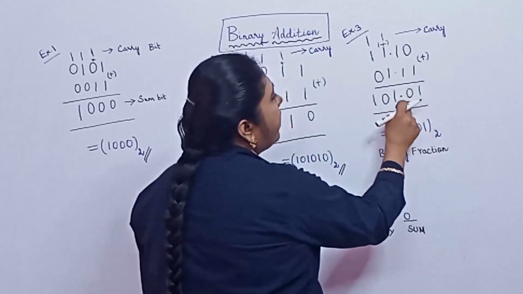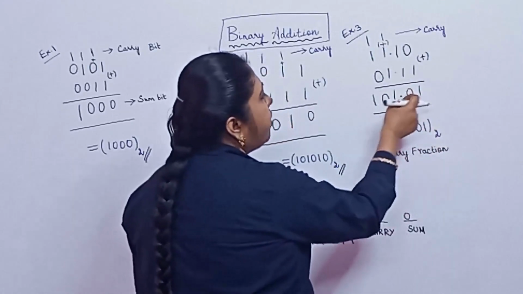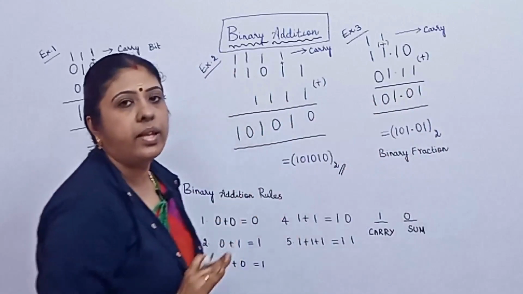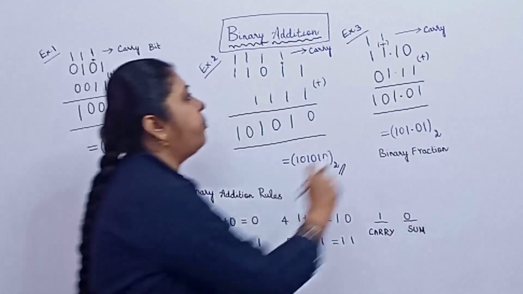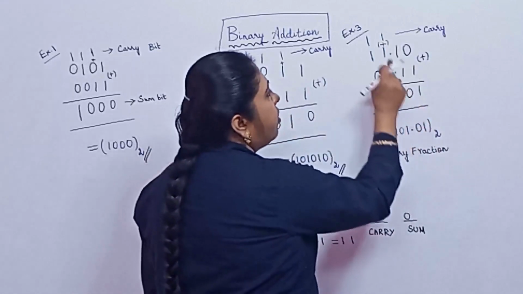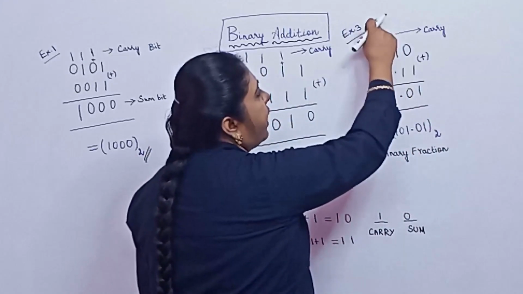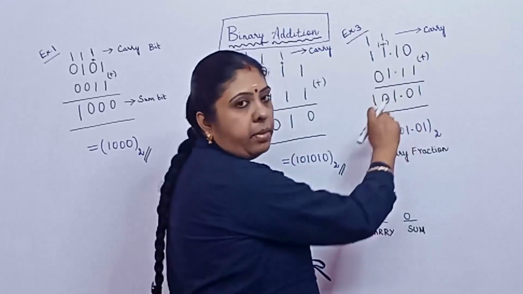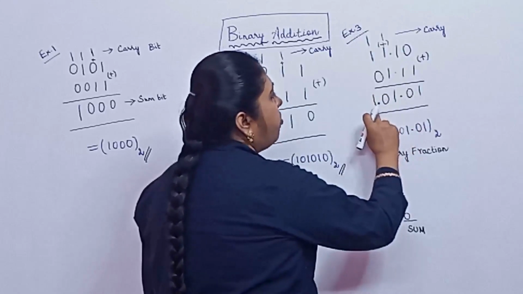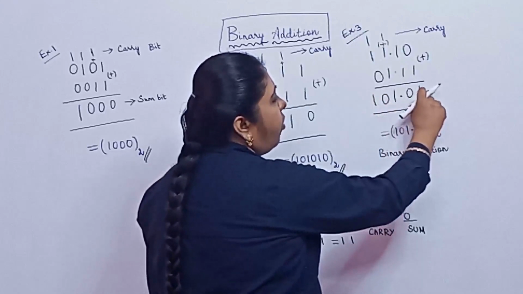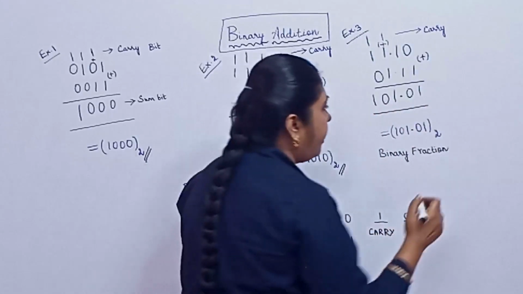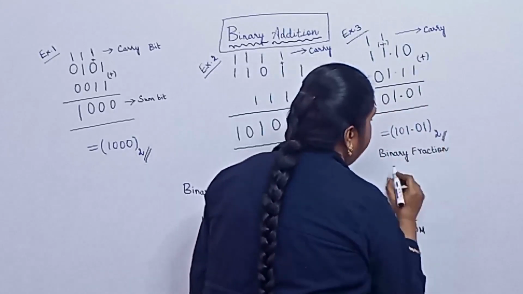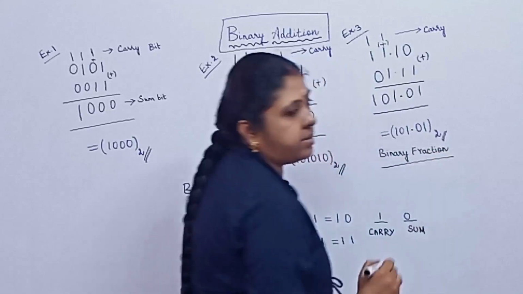The carry can be carried over from the fractional part to the integer part, there is no difference. So the decimal point is placed in the resultant sum, and 101.01 is the final answer for the binary fraction.